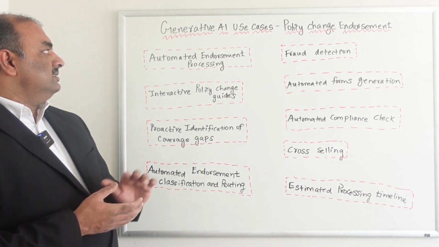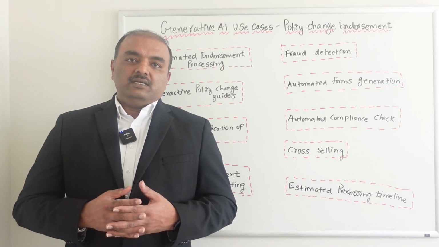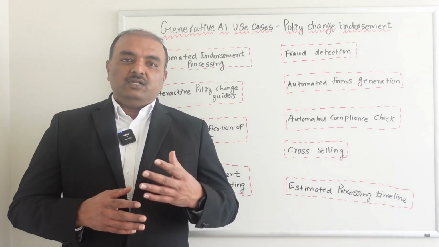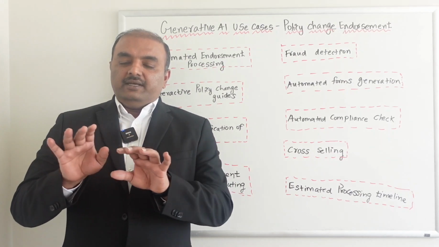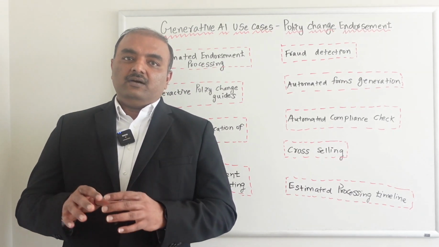The first use case is automated endorsement, which is very common nowadays. Say you want to add a second car, there are human-like chatbots where end customers can interact and say this is my policy number, I want to add a second car.